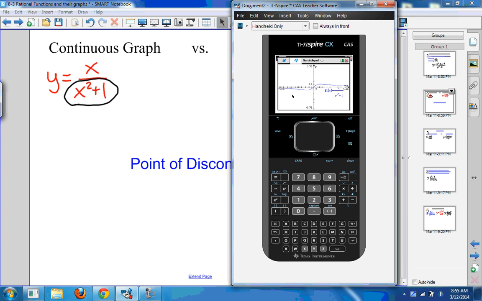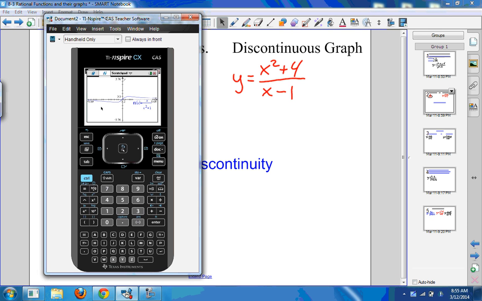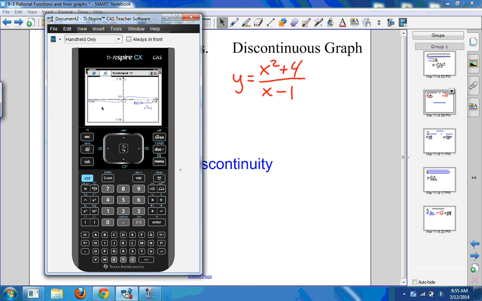So let's take a look at my other graph, y equals x squared plus 4 over x minus 1. It's a little bit more complicated. Alright, I'm going to put a fraction in here.